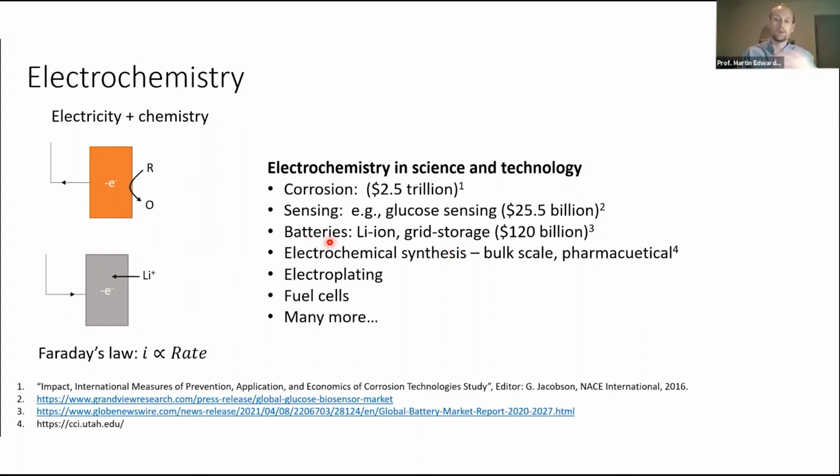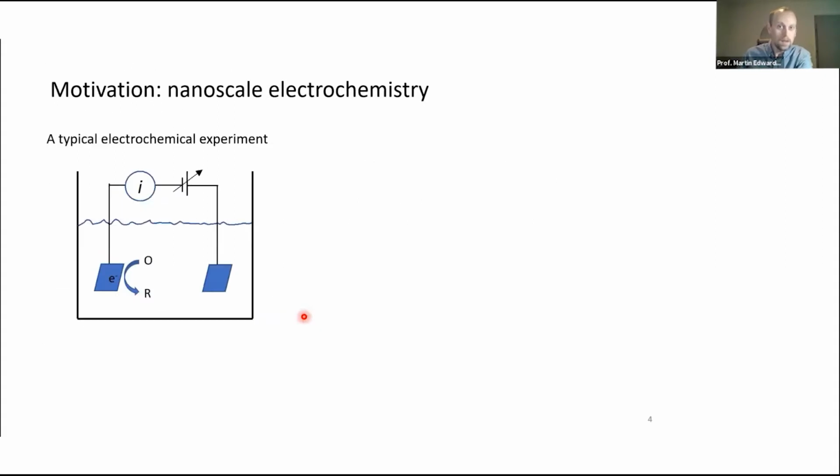But there's also electrochemical synthesis of both bulk chemicals and fine chemicals, electroplating, fuel cells, and many more that I don't have a chance to go into today, but the microscopy I'm going to present could be interesting to people in all of these fields. So that's a kind of motivation for doing nanoscale electrochemistry.